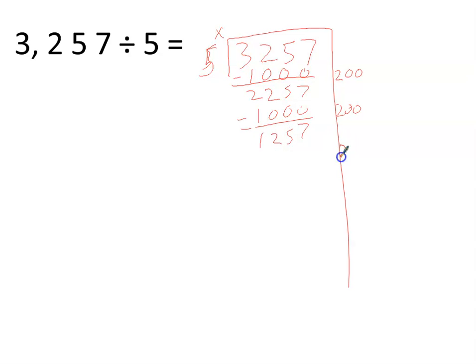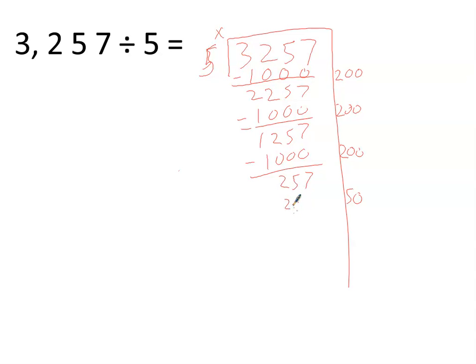I can do it one more time. 200 groups of 5 is 1,000. And I'm all the way down to 257. 100 times 5 would be 500, so it's got to be less than 100. How about 50? 50 groups of 5. Yeah. 5 times 5 is 25 with a 0 appended.